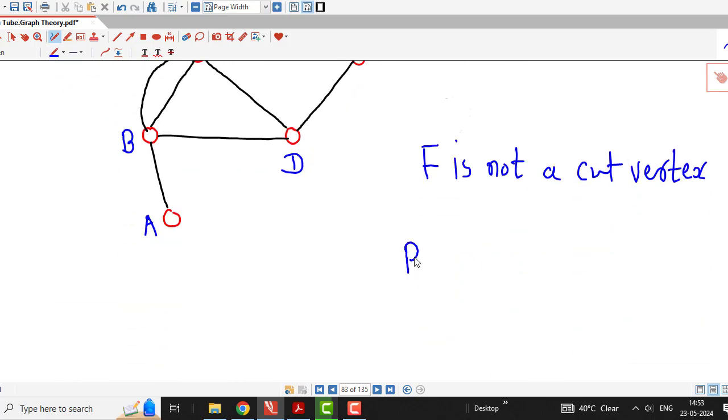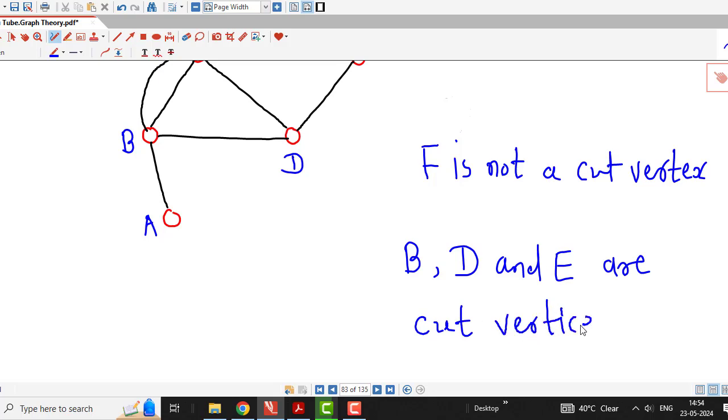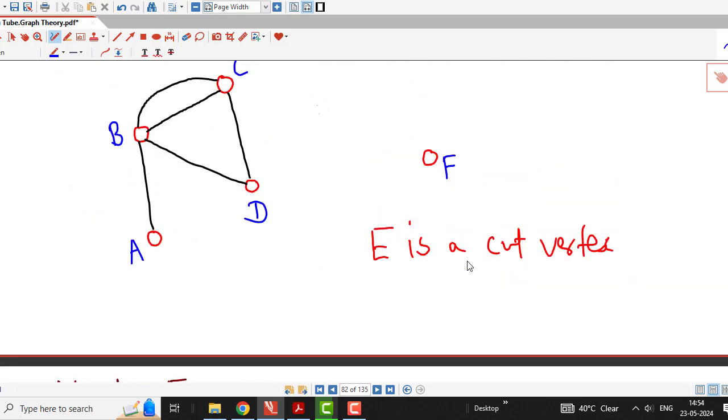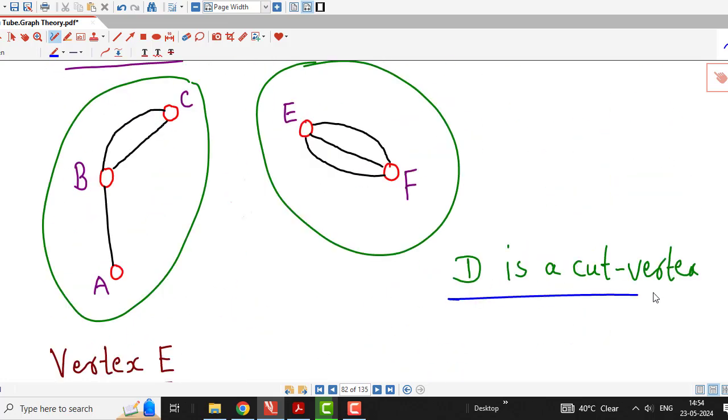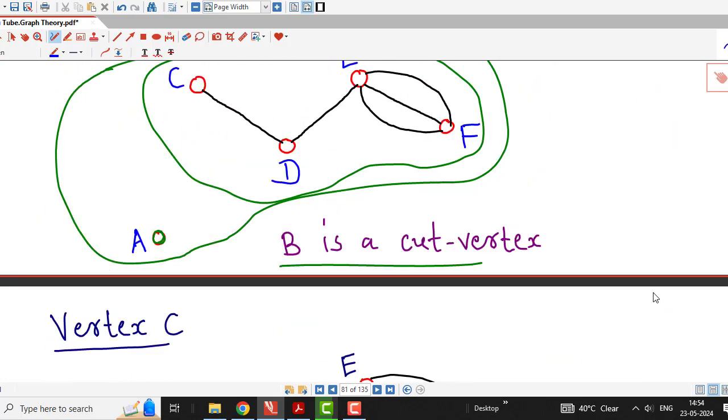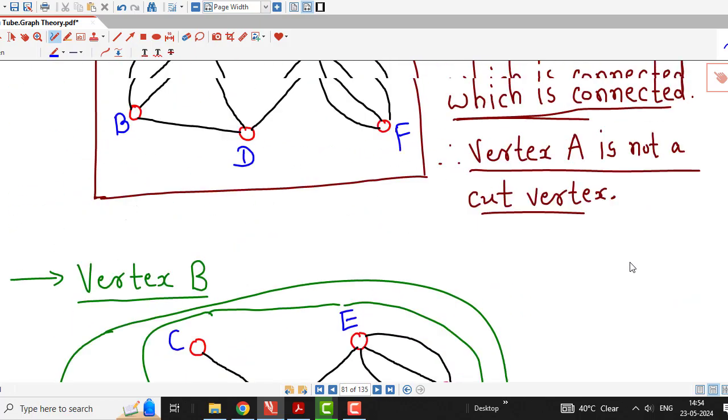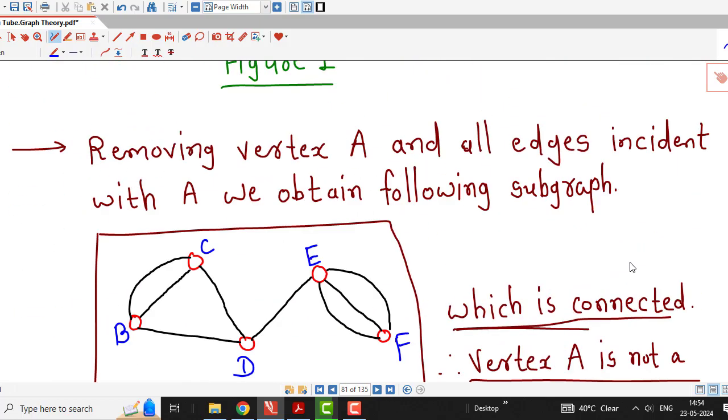So B, D and E are cut vertices. This is the answer to the given question. Let me again check. E is a cut vertex, D is a cut vertex, C is not a cut vertex, B is a cut vertex, and A is not a cut vertex.